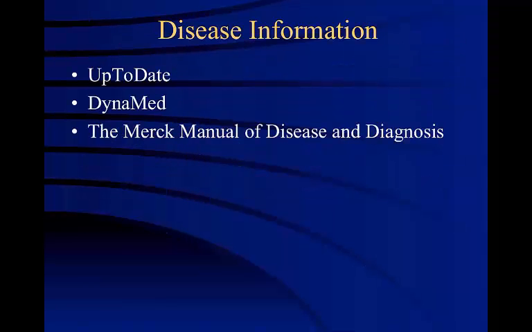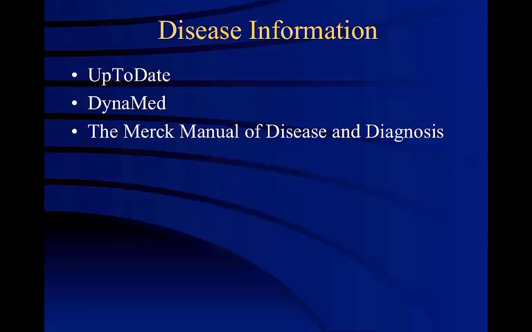So for disease information, you have several options of databases to choose from. I'd recommend going to UpToDate and DynaMed. They will provide you with summary monographs on the disease conditions.